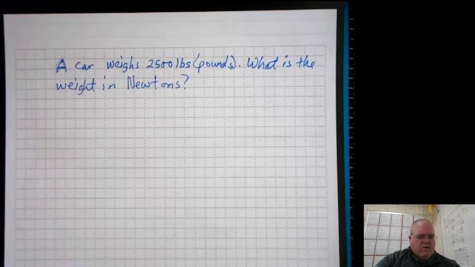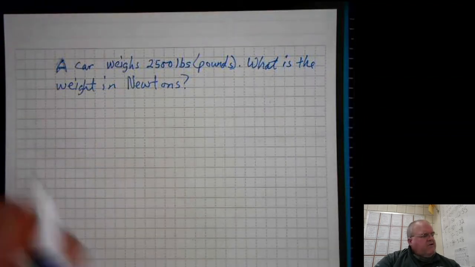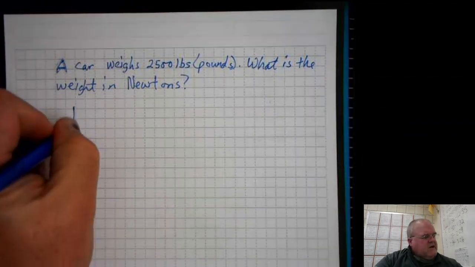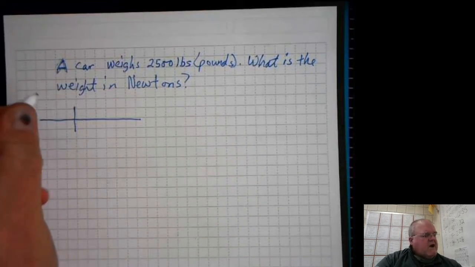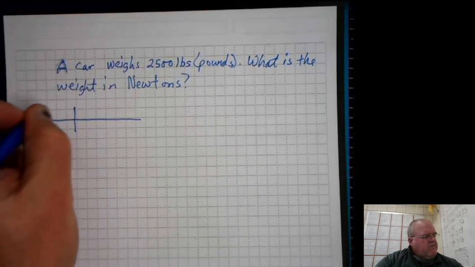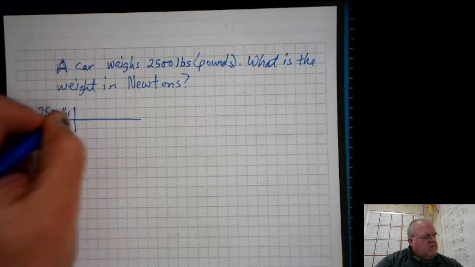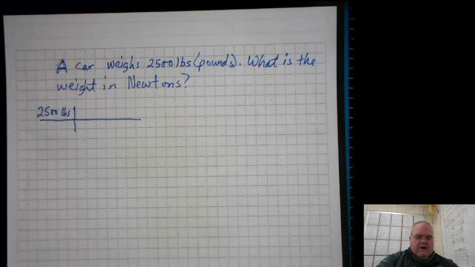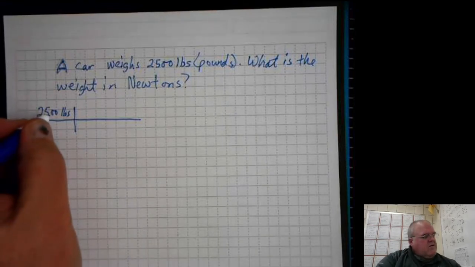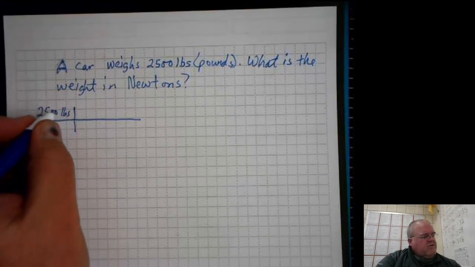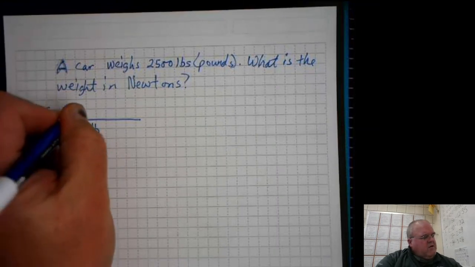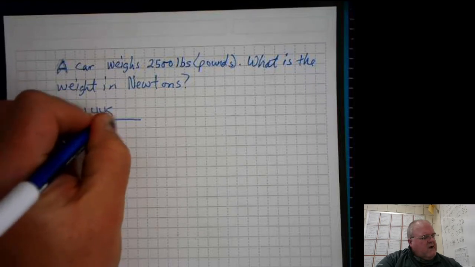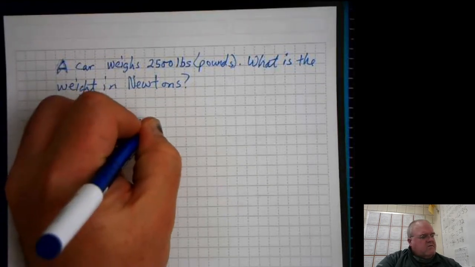All right, so here's what I'm going to do. I'm going to set this up as a T. I write what I know, 2,500 pounds, in the upper left-hand box. Then I say that 1 pound is 4.448 newtons.